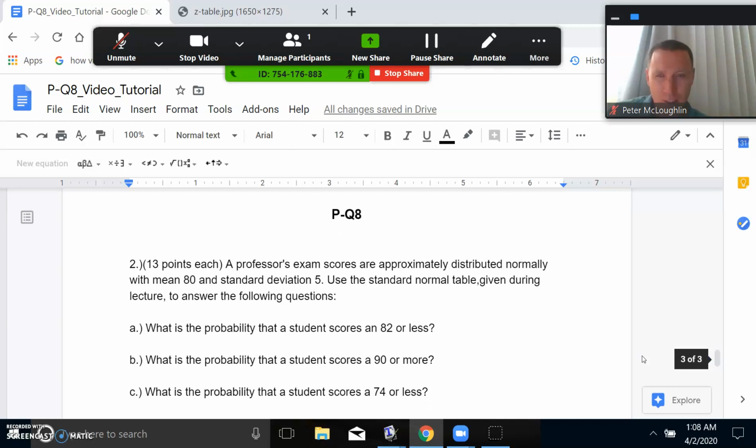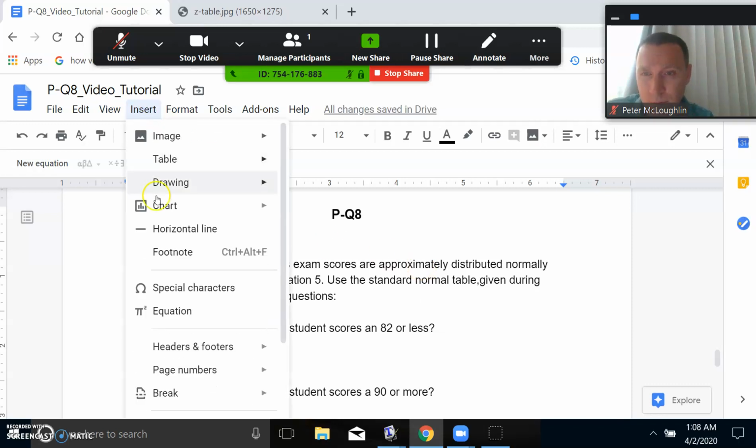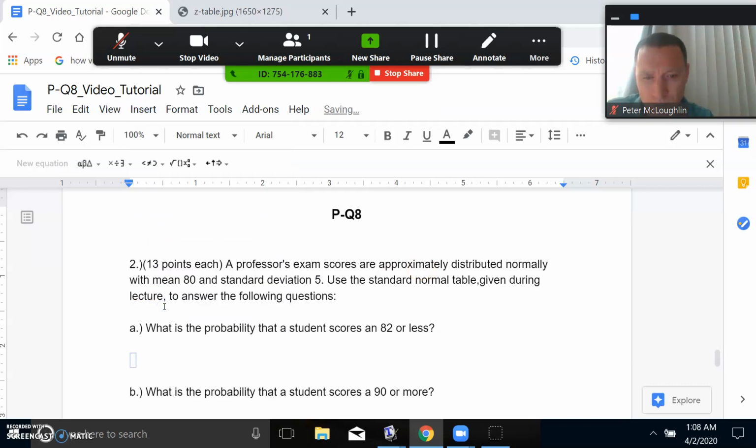Let's look at part A. We're looking for the probability that a student scores 82 or less, so P(X less than or equal to 82). We're looking for that.